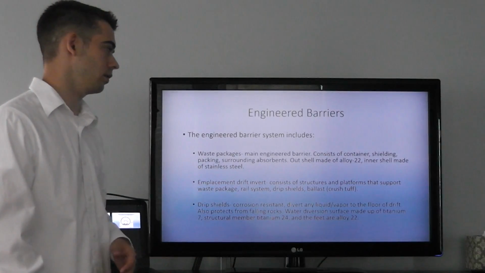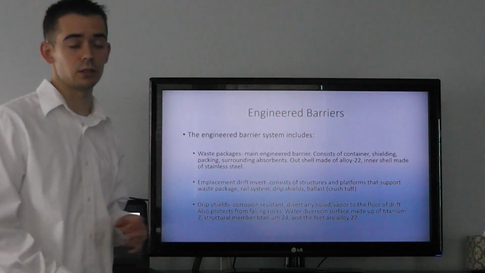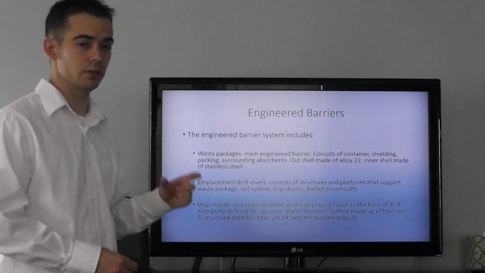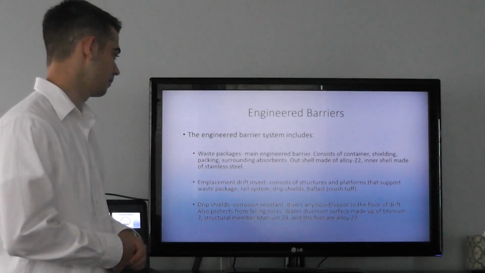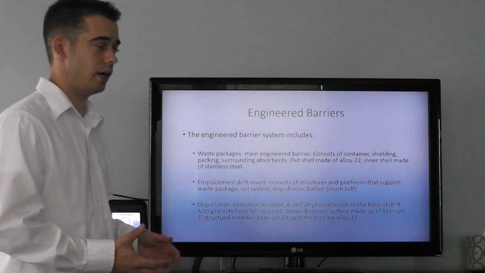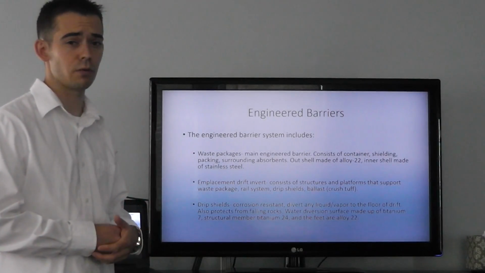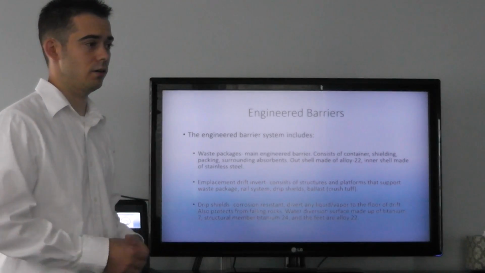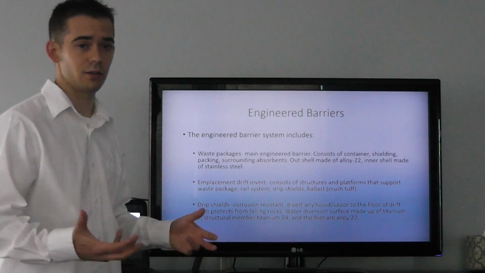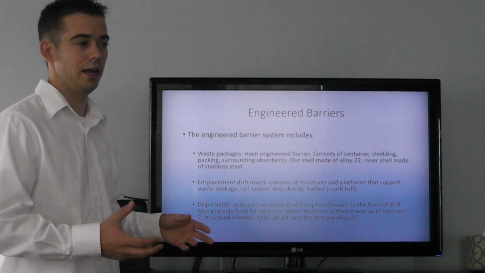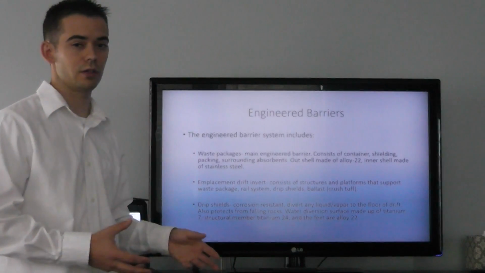Weak points in the waste packages themselves are the welds that close the different lids on the waste packages. They try to minimize this through the manufacturing process. Essentially, after they make it, they let it cool down to 1150 degrees Celsius, and at that point they quench it in water.